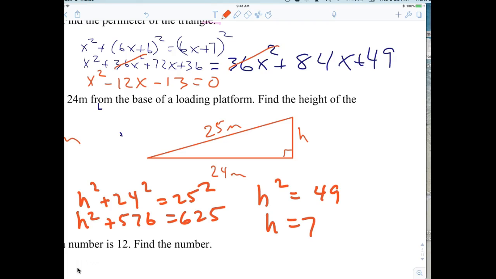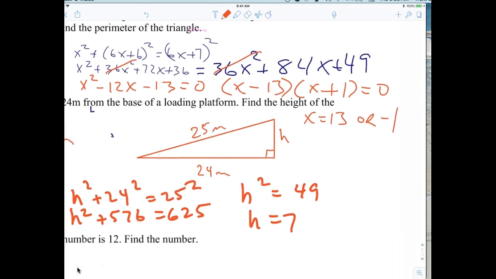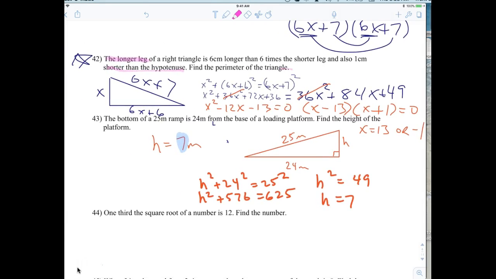Now we're just factoring that into (x minus 13)(x plus 1), so x is 13 or negative 1, but we know that distance can't be negative. So negative 1 is out. So I have x equals 13.